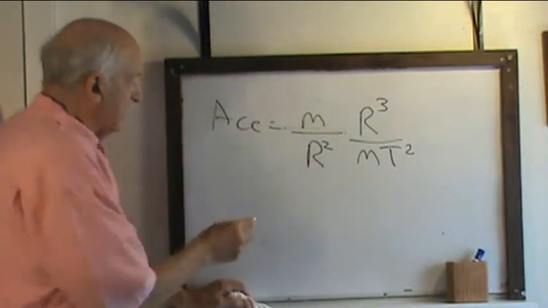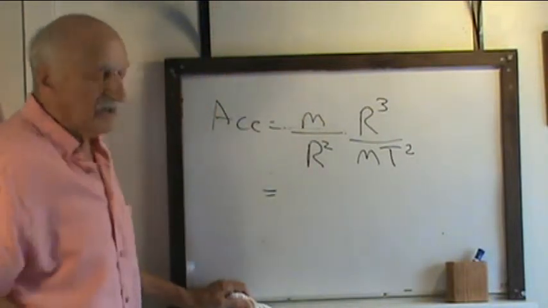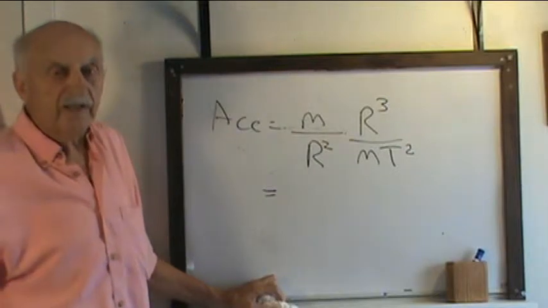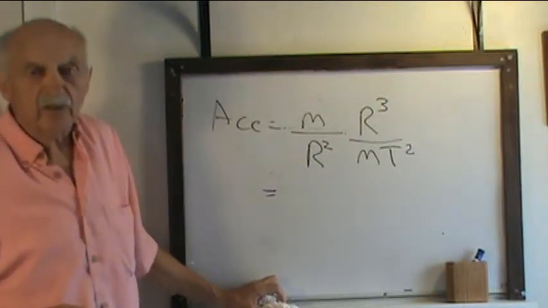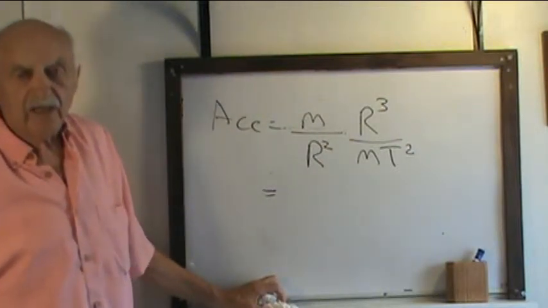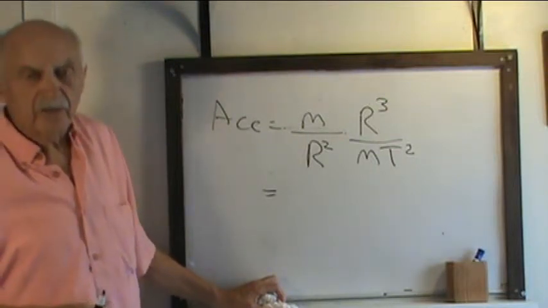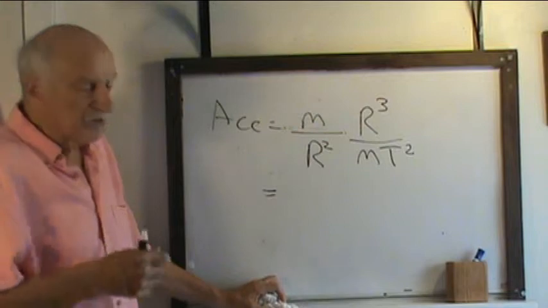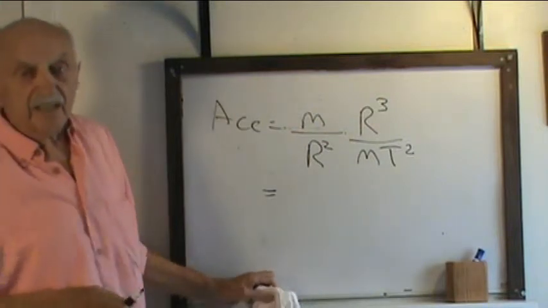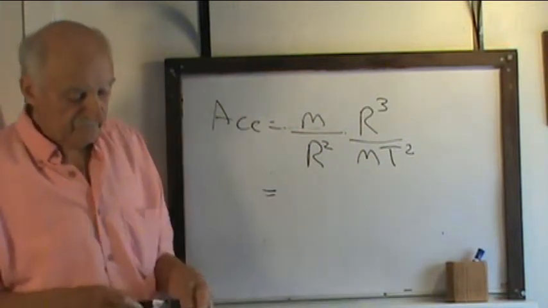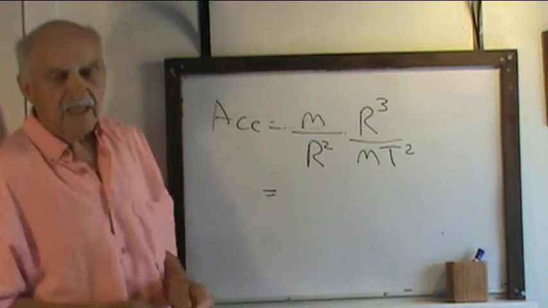And you see that the mass cancelled out, and this answers the question I've raised before, and that is, why do we have only one mass in the equation for acceleration? We have two in the equation for force.